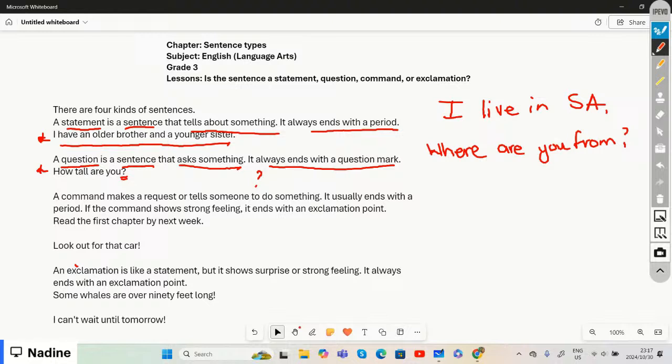Those are the different responses that somebody will give you based on where they are from. Which country are you from? Question mark. I am from country. That is a question. Another question, how old are you?